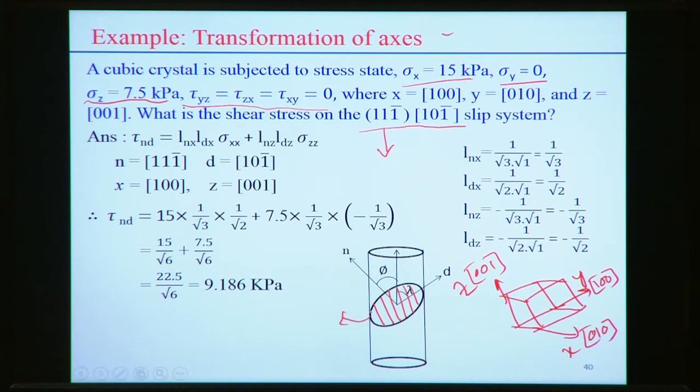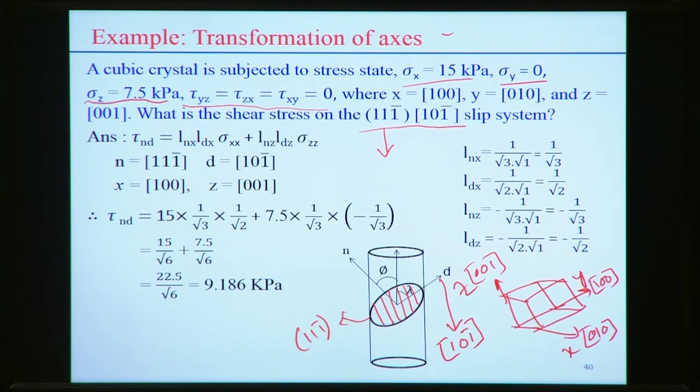The 101 bar represents the direction, for example this direction D. So first we define the plane, and within that plane we define the direction in which the slip phenomenon will occur.